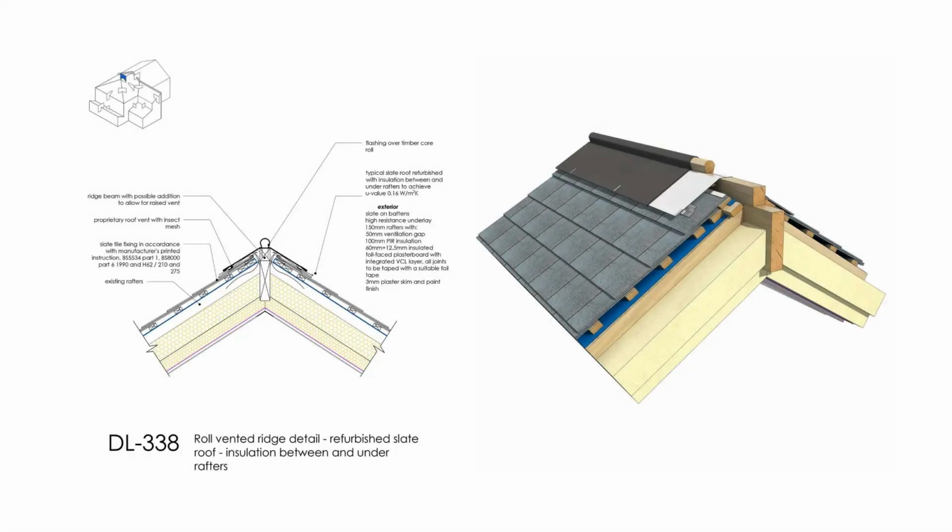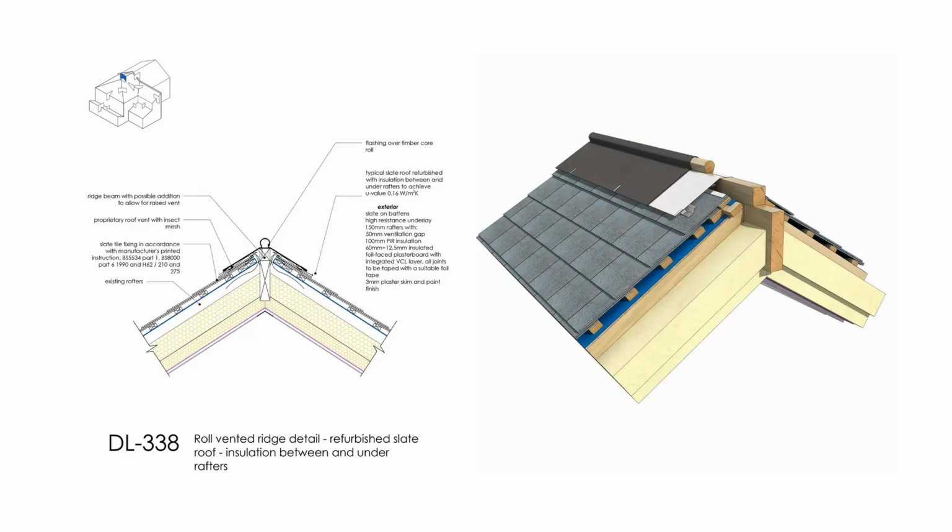Let's move on to a slate roof ridge. The ridge is the highest point on the roof where the two sloping surfaces meet. Methods for securing ridge tiles or slates include mortar, clips or mechanical fixings, depending on the roof design and the material used. The roof often requires ventilation at ridge level, and this can be provided with roof vents towards the ridge or breathable ridge systems to allow airflow and prevent the condensation build-up in the roof space.